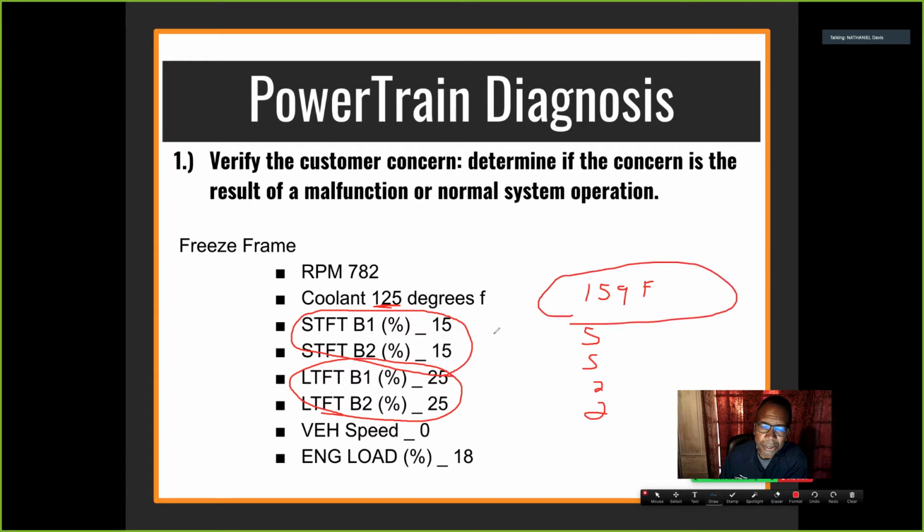In every question, there's a clue somewhere leading you to the answer. In this case, this car on the cold transition was running lean, but as soon as it warmed up, it cleaned up.